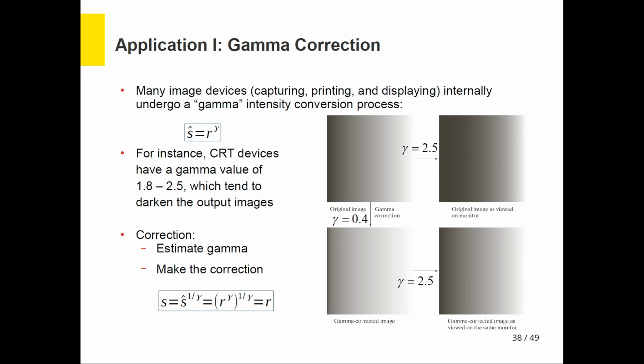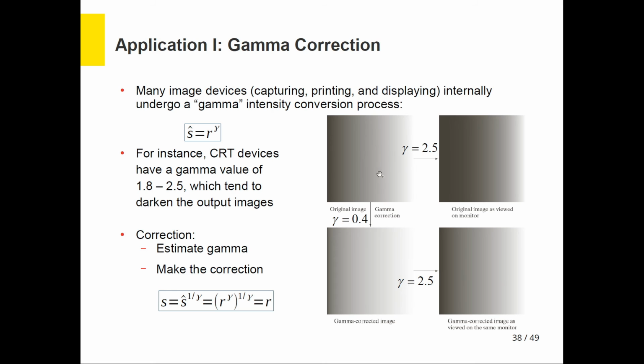One of the applications of gamma transformation is in gamma correction. Many image devices that are used for capturing, printing, or displaying images internally undergo a gamma intensity conversion process. For example, in CRT devices, there is usually a gamma value of 1.8 to 2.5, which is applied to all the images that are shown.